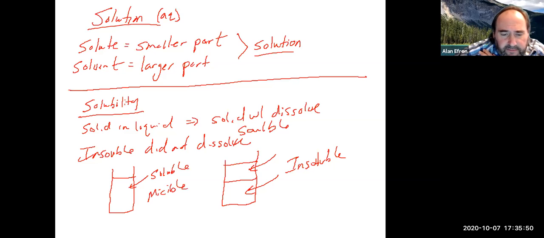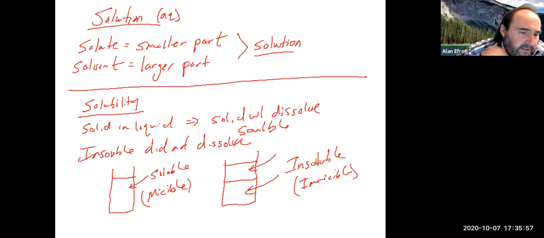Sometimes that's called miscible when we talk about liquids and liquids, or immiscible if you're talking about two liquids that really don't mix. So that's an important factor that helps us determine whether or not two things will mix together.